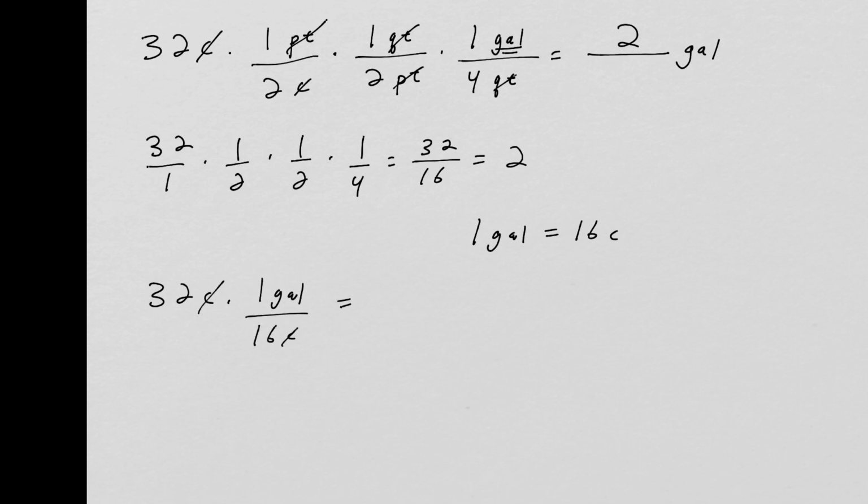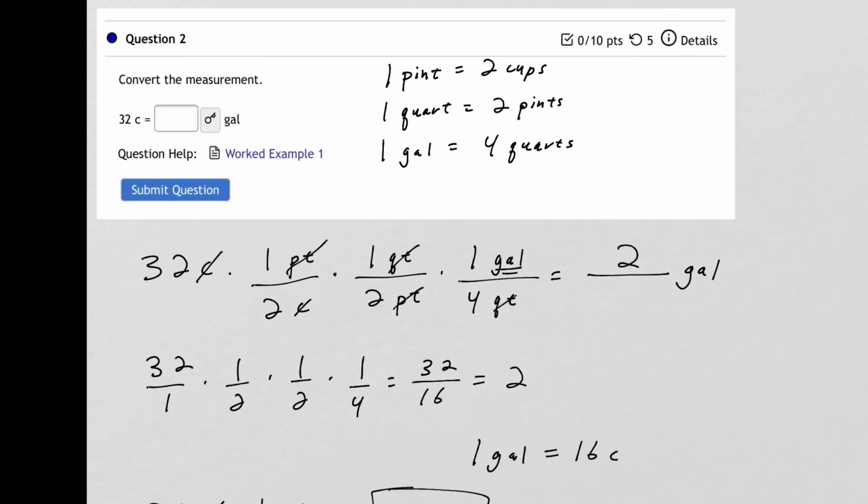Cups will cancel, and I'm going to get 32 divided by 16, which is 2 gallons. But if we didn't know that, which I forgot, then I can do it in steps by using the information given in the table, except in this case I needed 3 unit conversion factors. And I still arrive at the same answer.